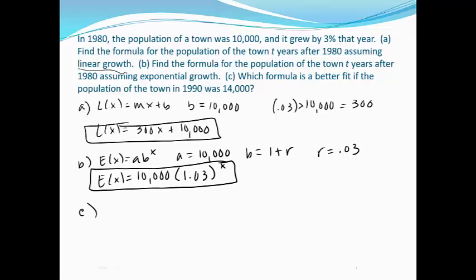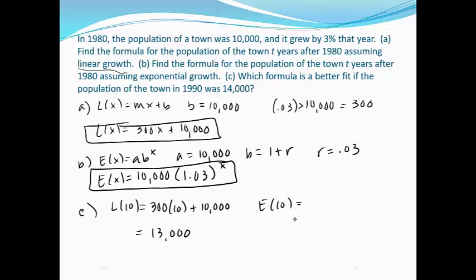For part C, we want to know which formula is a better fit if the population of the town in 1990 was 14,000. So we should probably evaluate these two functions in 1990, which is 10 years later. So the linear function evaluated at 10 is 300 times 10 plus 10,000, or 13,000.